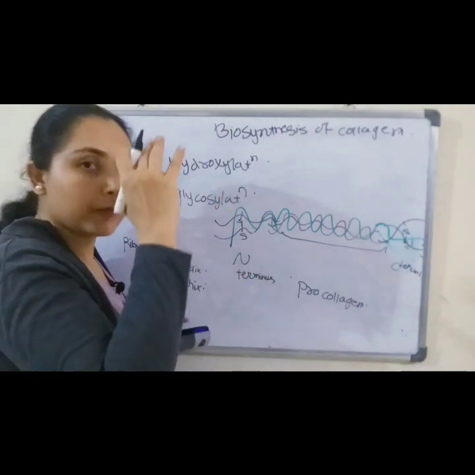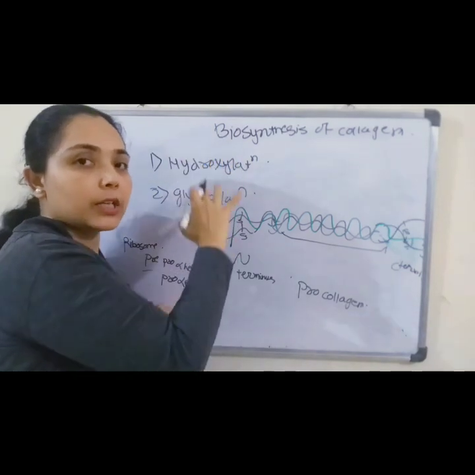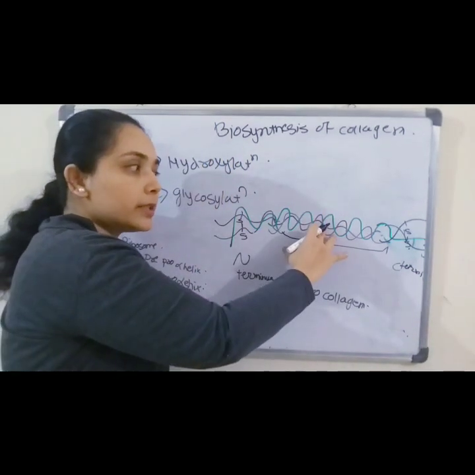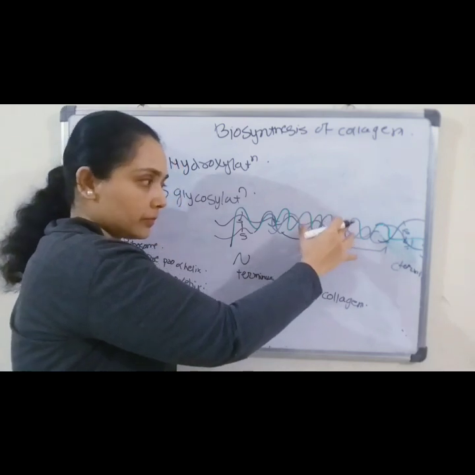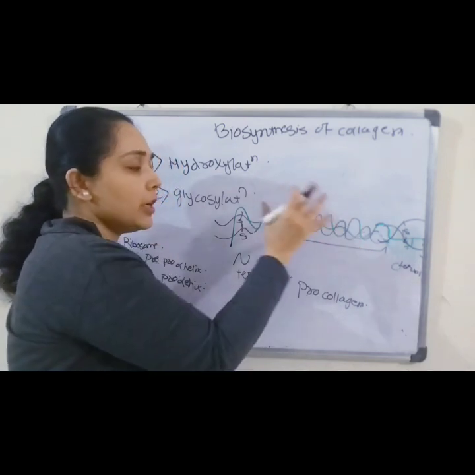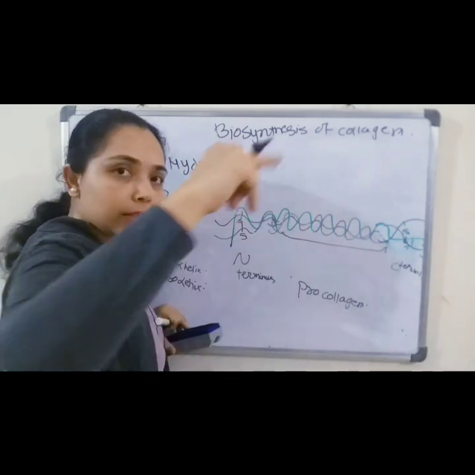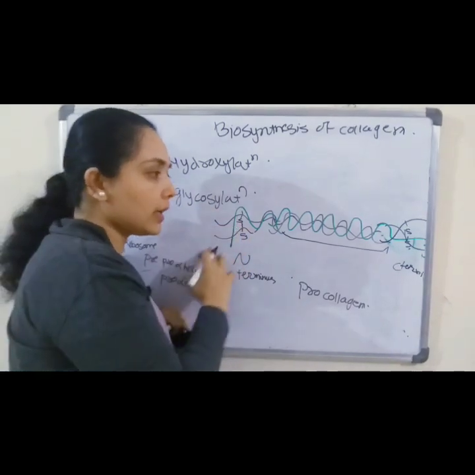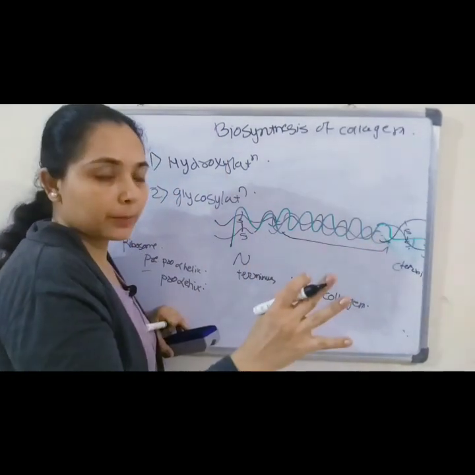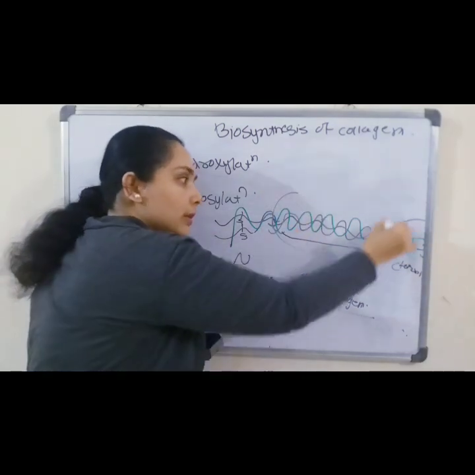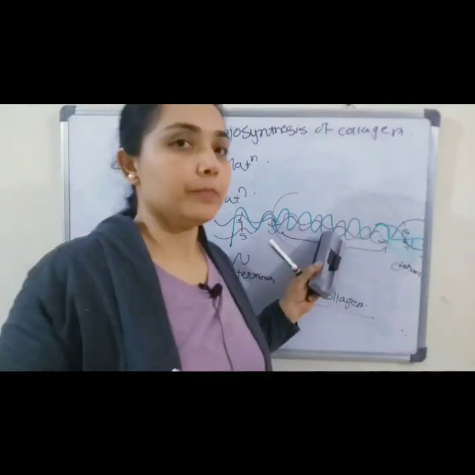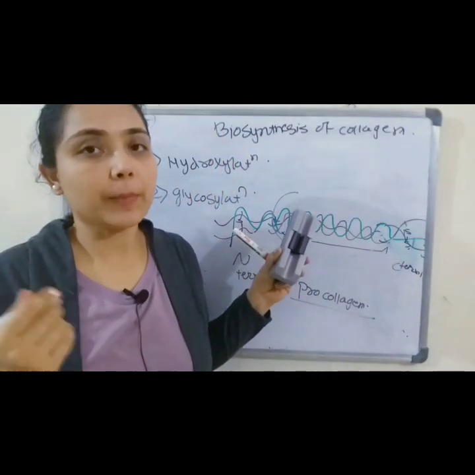After undergoing various modifications like hydroxylation and glycosylation, spontaneously they will form bonds and form a triple helical structure, where at the center the triple helix is present, and at the N terminus and C terminus loose ends are present. This is known as a pro-collagen. How is this structure stabilized? As we just discussed, it is stabilized by hydrogen bonds.